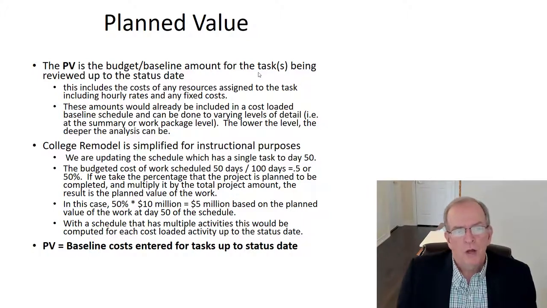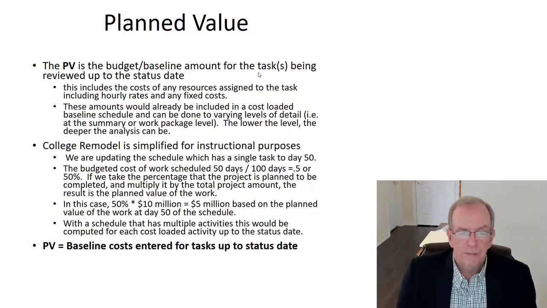So the college remodel is simply simplified for these purposes. As I said, we're updating the schedule, which has a single task, to day 50. The budgeted cost of work scheduled is 50 days, so 0.5 or 50%. If we take the percentage that the project is planned to be completed and multiply it by the total project amount, the planned value of work in that case would be $5 million, based on the planned value of the work at day 50 of the schedule.